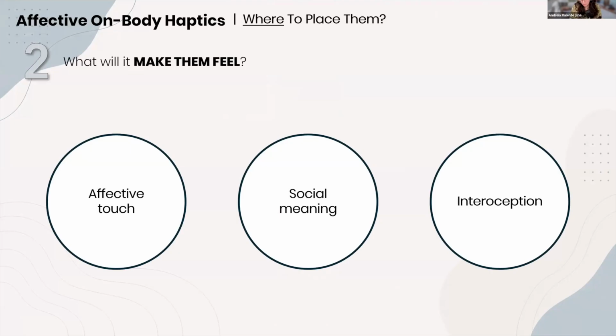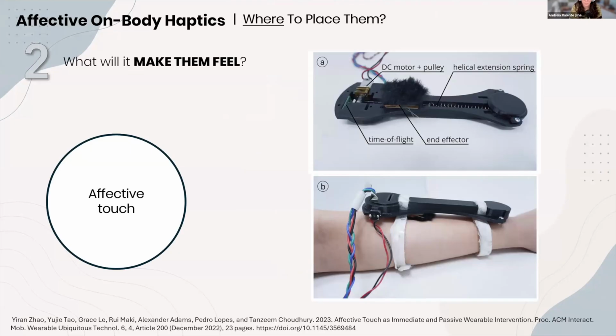So starting with the easy one, the affective touch, that's like the petting machines. Like I said, there are a lot of petting machines on the forearm. So these affective touch fields try to replicate the touch of someone or something or a robot. And a lot of these devices are like this one.